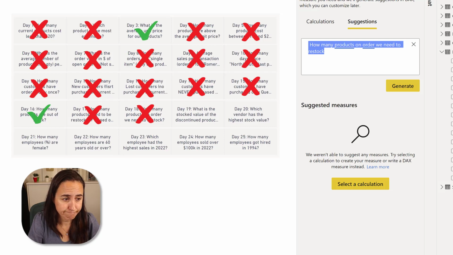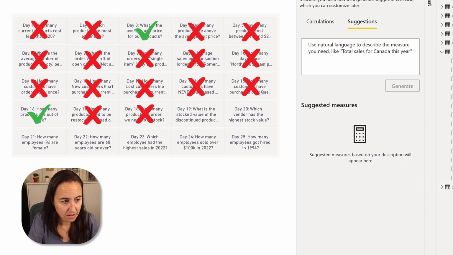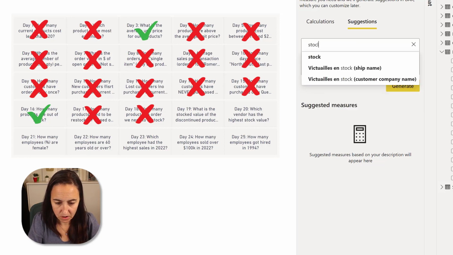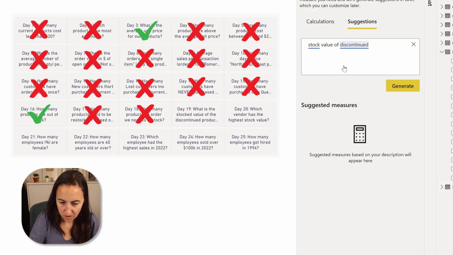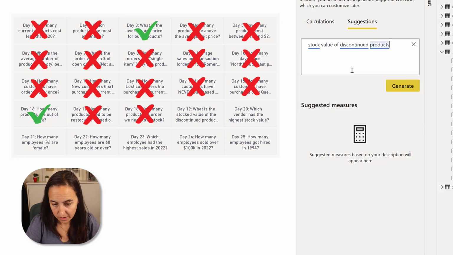So stock value of discontinued product. Spell it correctly, thank you.